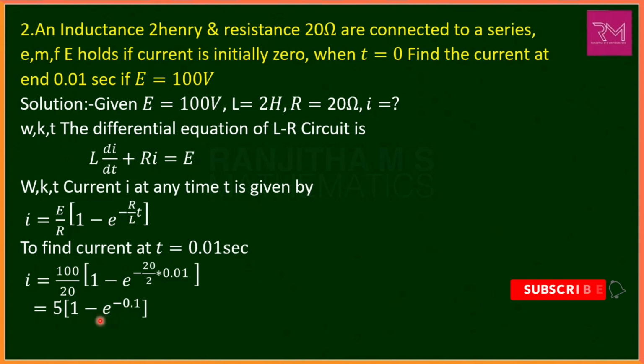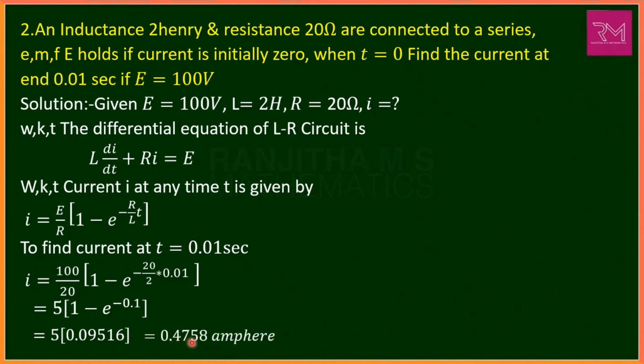Using a scientific calculator we get the value of 1 minus exponential power of minus 0.1 as 0.09516. Multiplying it with 5, we get the value of current as 0.4758 ampere. This is the value of current at the time interval 0.01 second.